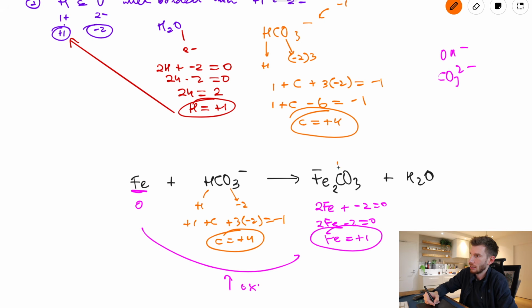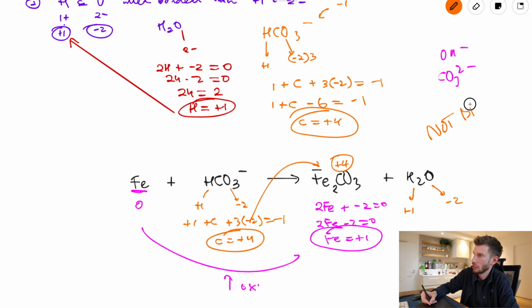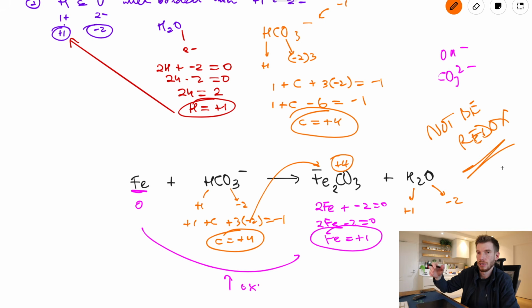Over here, it was in the +4 state as well, so that has not changed at all. And then over here, we assume -2, hydrogen's in the +1, and they've also not changed. So what this means is this would actually not be a redox because I don't have both an increase and a decrease of 2 different species. Again, it's not even necessarily fully balanced.